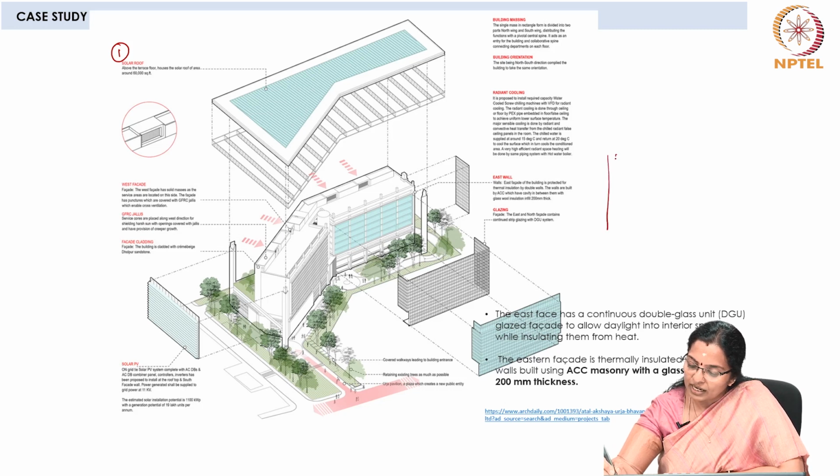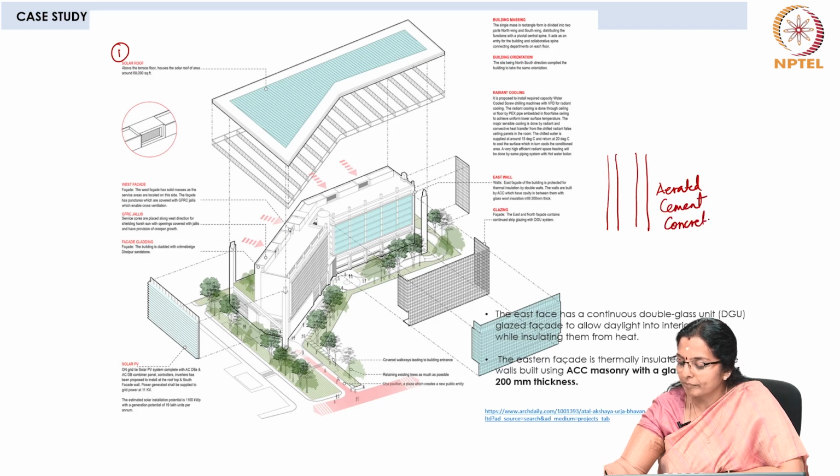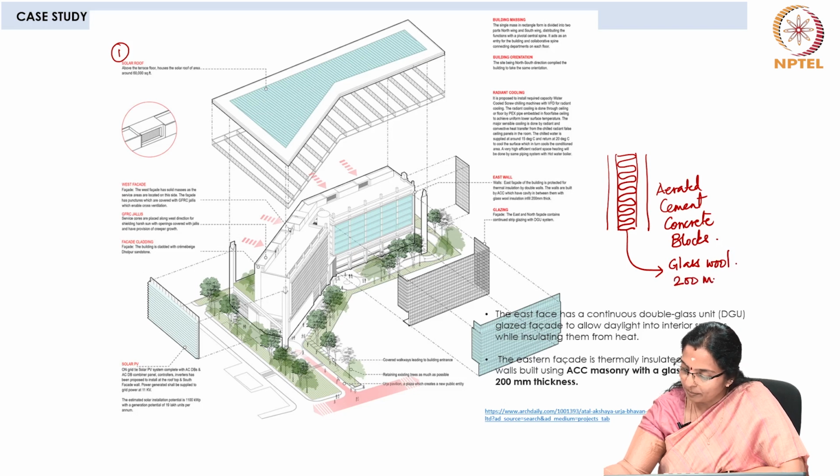So, the walls are built with AAC, aerated cement concrete blocks, and these have a cavity in between them which has glass wool which is 200 mm thick.